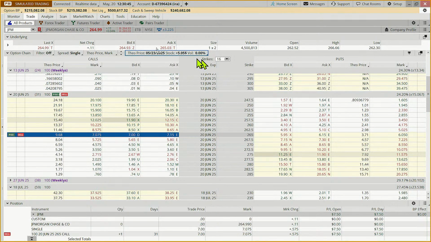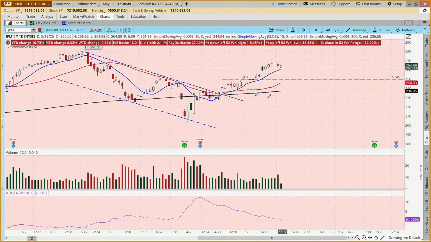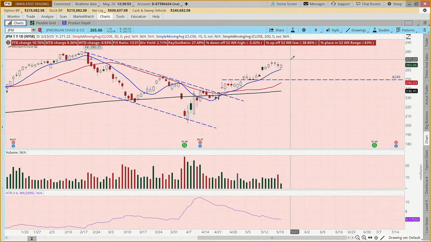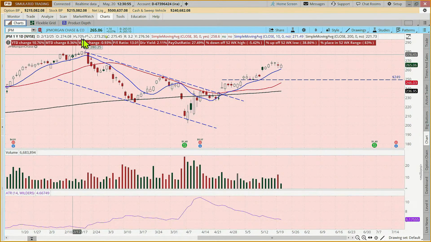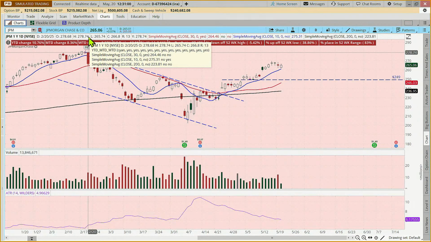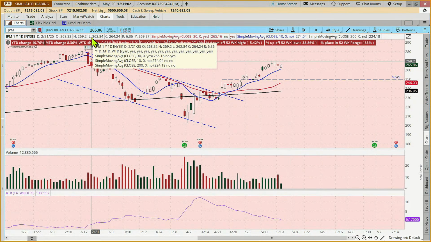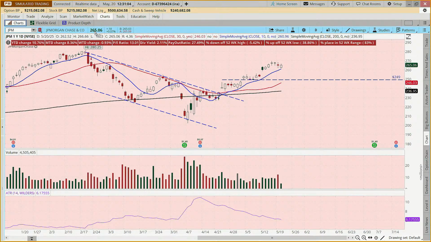Now, could we just buy shares of the stock? Absolutely. We could buy shares of the stock and put the same target. But the percentage, if it went up $5, you're going to make $5 a share or $500 if you did that with 100 shares, but you're tying up 26,500.